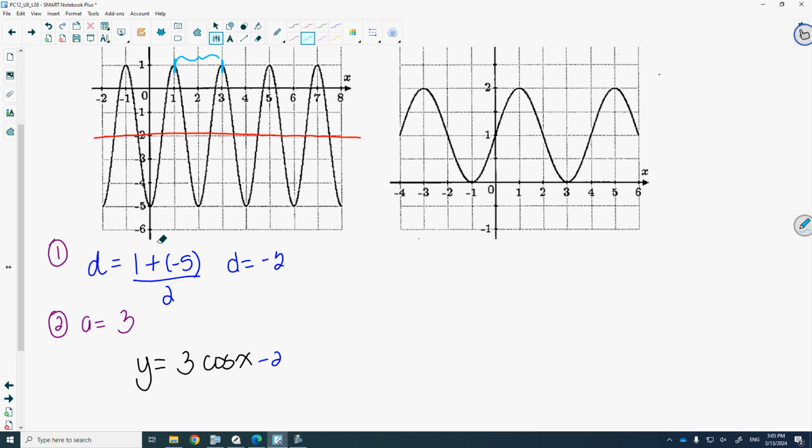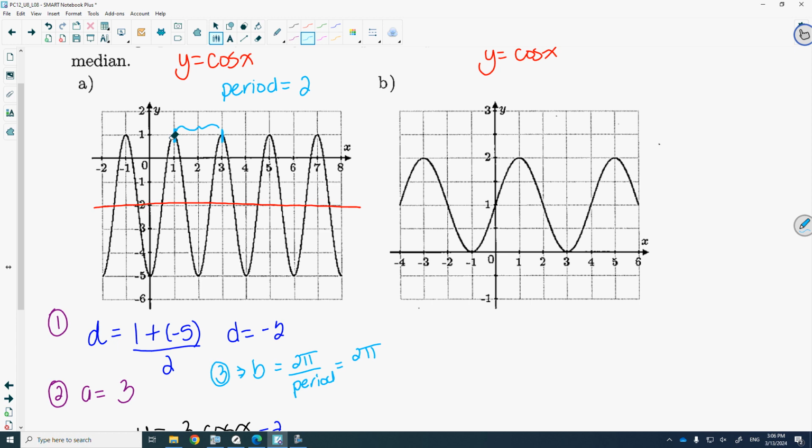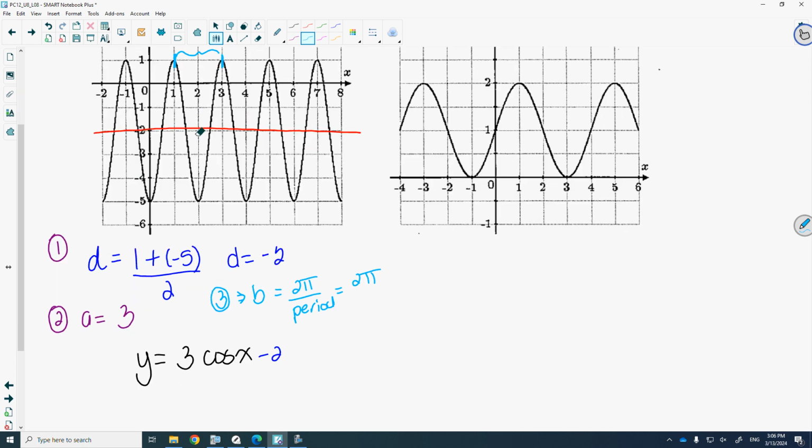So the third thing we always want to get is the b value. Now remember the formula is period is equal to 2 pi divided by b. So b is equal to 2 pi divided by period. So 2 pi divided by the period, and again, the period here is going to be 2 units.